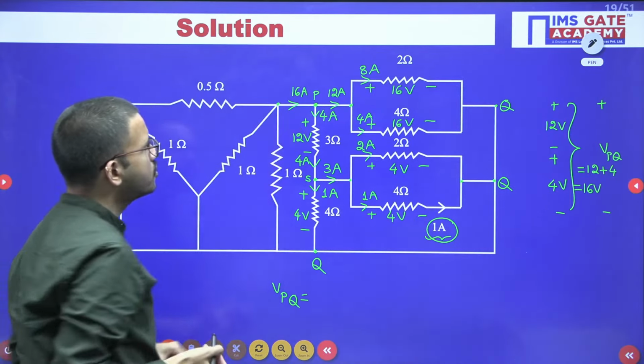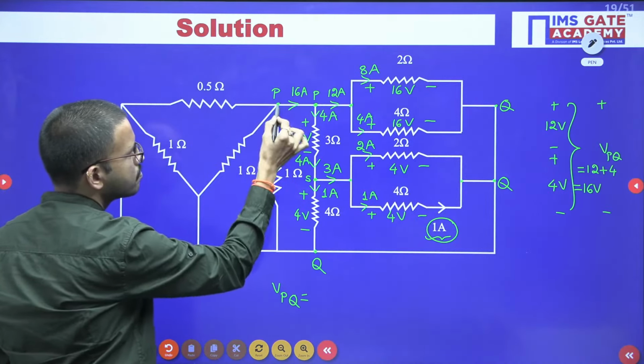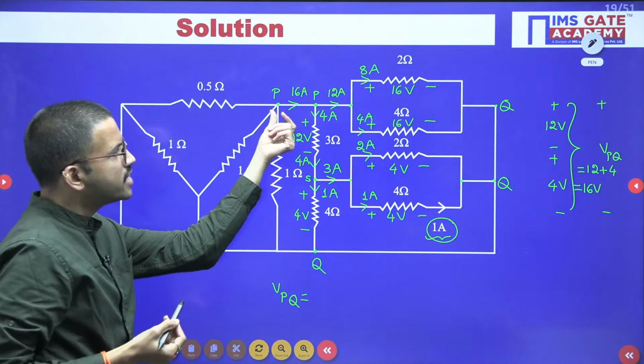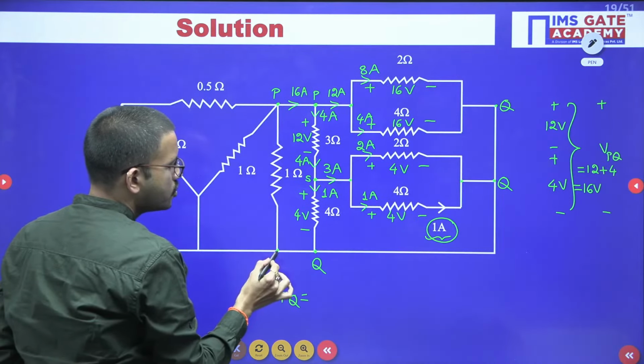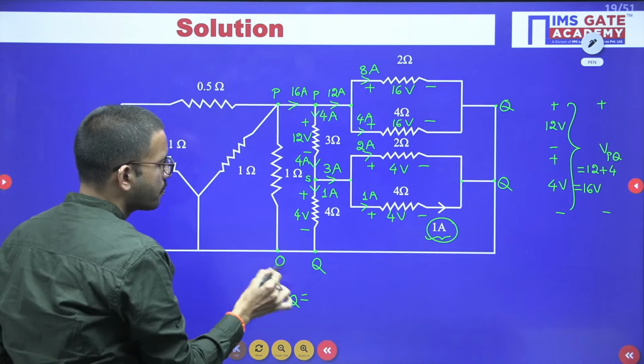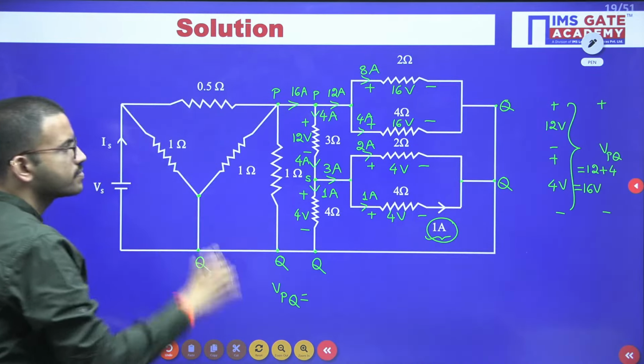Here you have one node, the same point P, because I have just connected both with the help of a single wire. This node, both are same, Q only. And this node both are same, Q only.